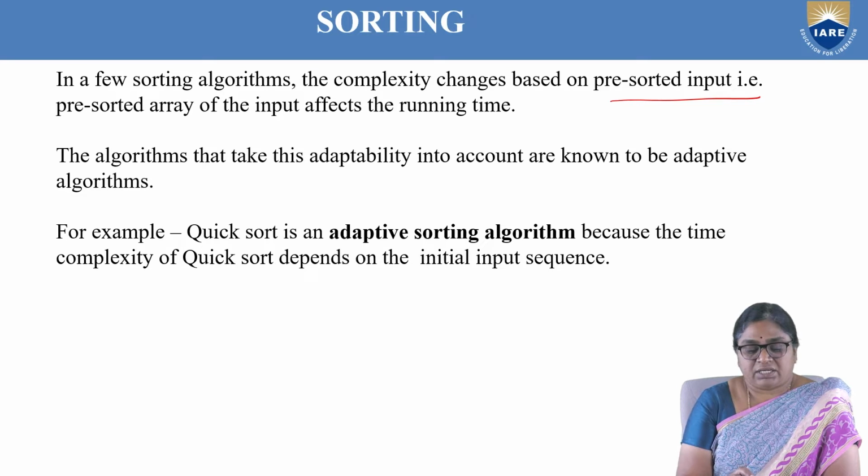In that case, we categorize the algorithms depending on their characteristics. Algorithms like quicksort are known as adaptive sorting algorithms because the time complexity of quicksort depends on the initial input sequence.